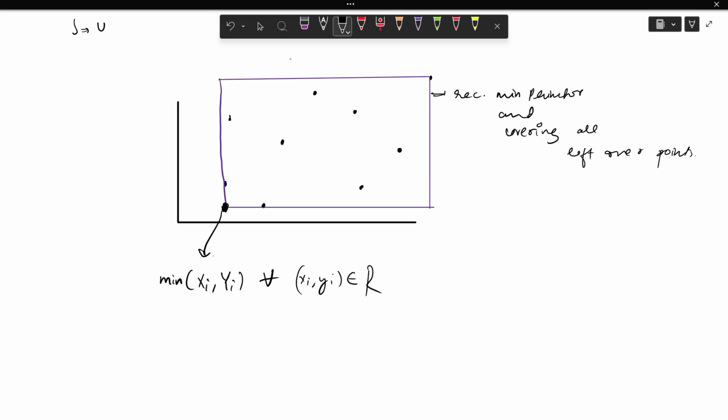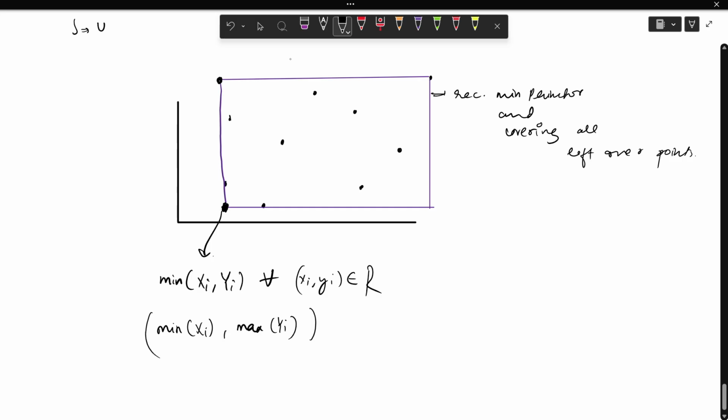We are choosing the minimum xi and the minimum yi. What is this point? This point is basically the minimum xi, maximum yi from the set of (xi, yi) that belong to R. What is this point?